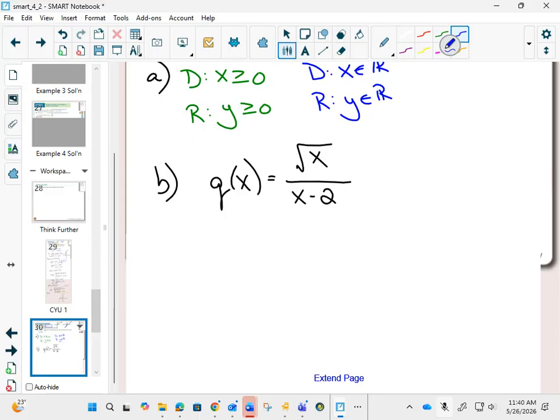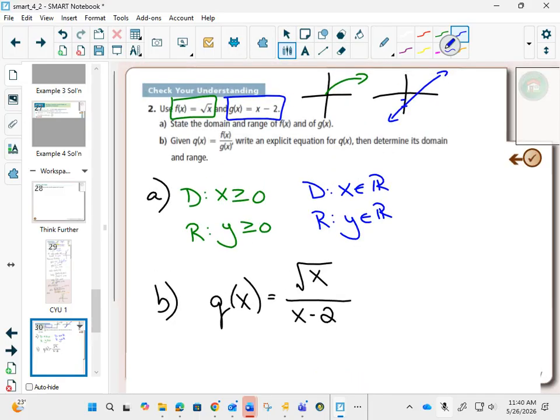Whenever you combine functions, so I'm combining the green and the blue together, the only way you can combine them is if they both exist. So the green one has x bigger than or equal to 0, so for the domain we know x has to be greater than or equal to 0.